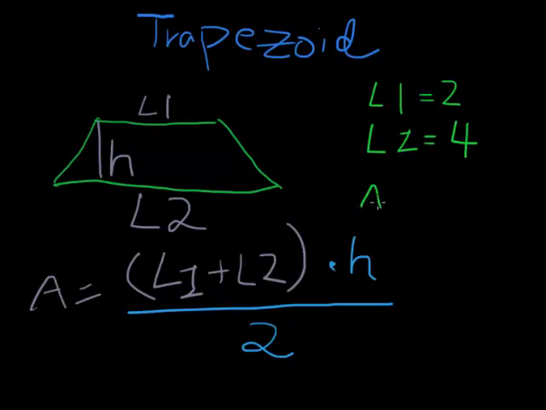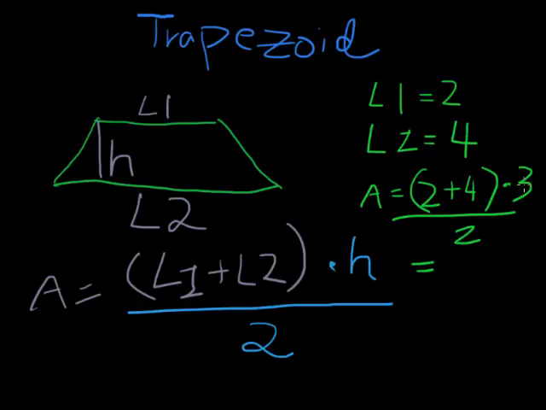The area basically is L1 plus L2 times the height, and let's just say that the height is 3, divided by 2. In this case it would give us 2 plus 4 is 6. 6 times 3 is 18. 18 divided by 2 is equal to 9. Alright, so do we believe that? Okay, so that's calculated.